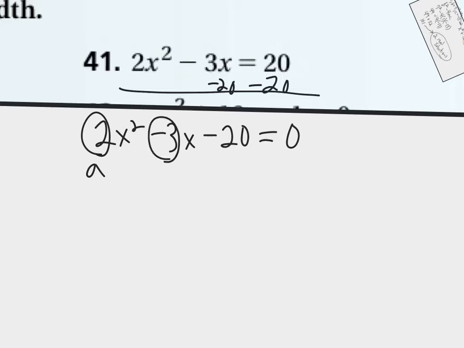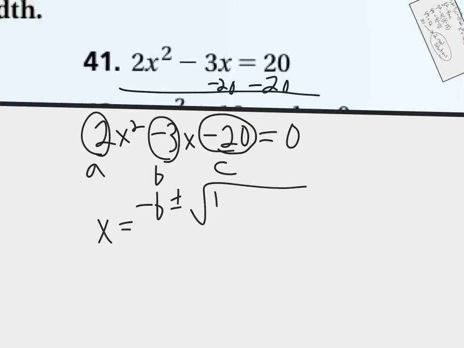And then we recognize what our A, B, and C values are. I'm going to write the quadratic formula down. And like I said, I will provide that on the test, so you don't have to memorize that.